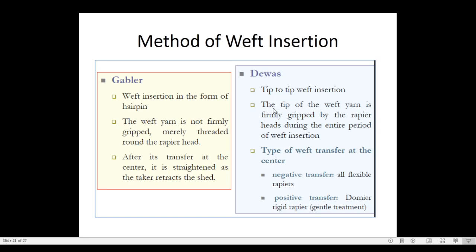Whatever the left hand rapier is bringing to the right hand, the left hand rapier is firmly holding the leading end, that is the tip of the weft, and it is giving it to the right hand rapier. The weft tip is transferred and held firmly. There is no chance of weft failure.